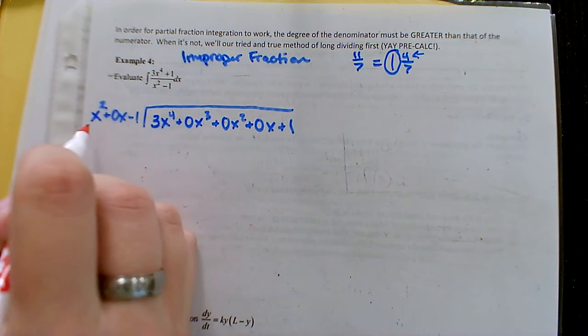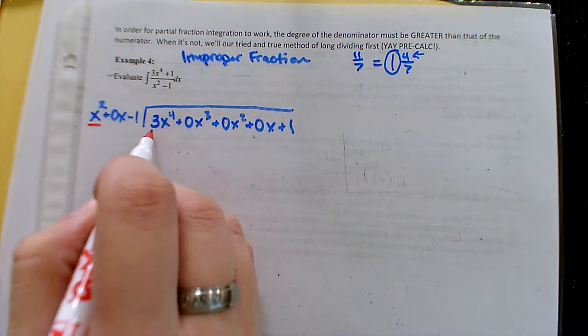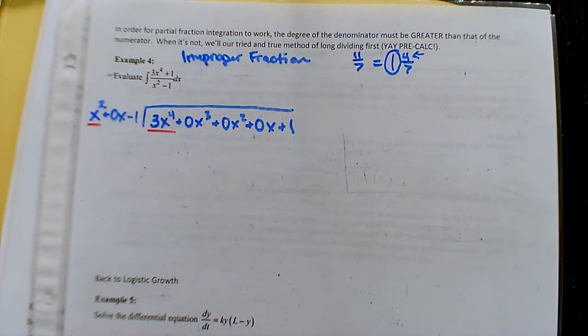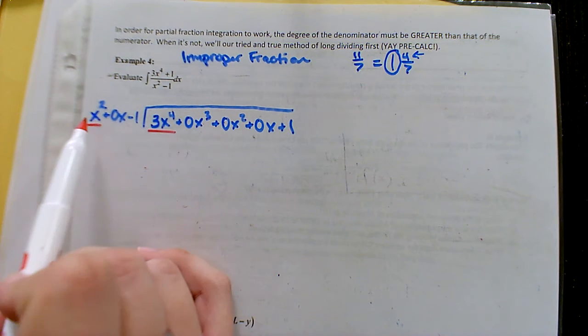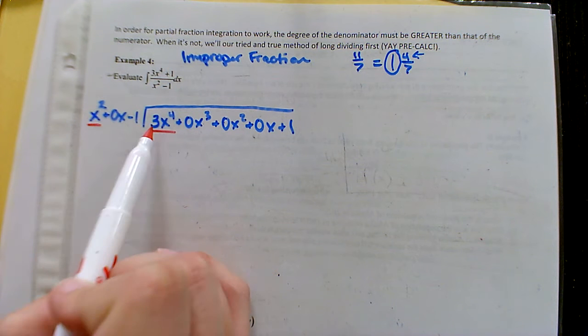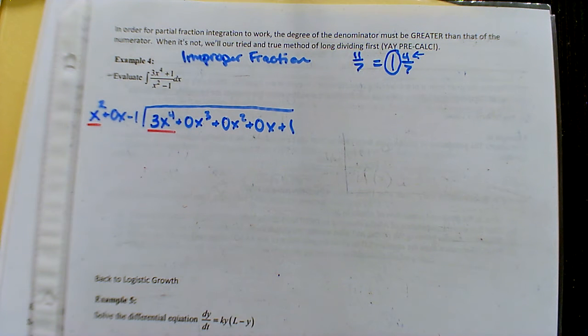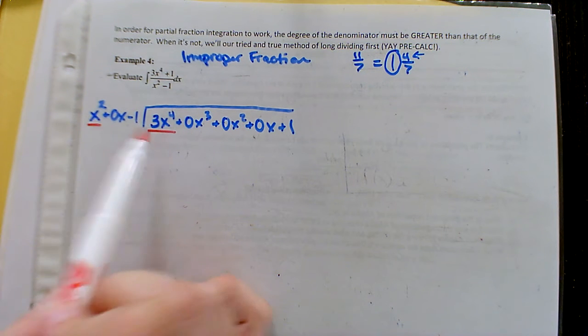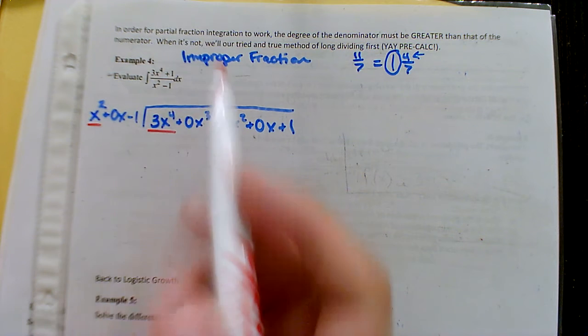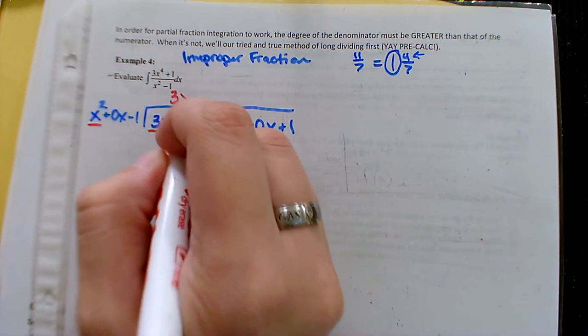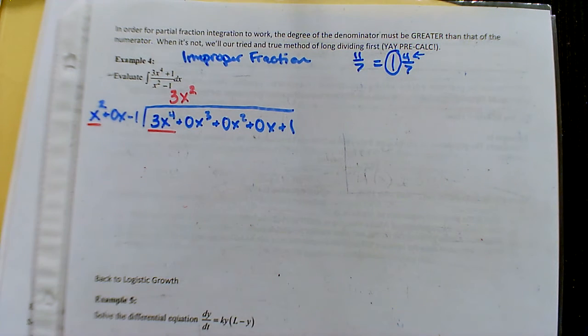So if the first term in the divisor is x squared and the first term in the dividend is 3x to the 4th, what do you have to multiply x squared by to get 3x to the 4th? Can we think about that little mind game? What do you have to multiply this one by to get this one? Yeah, 3x squared. Okay, so that's the first term in your quotient.